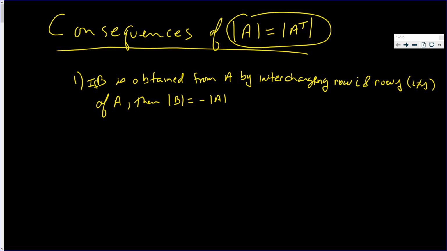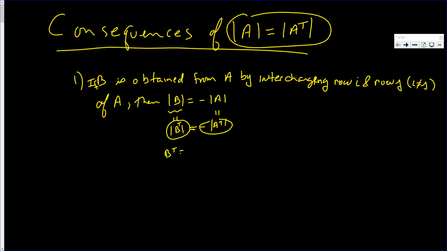But now we need to look at this a little bit more clearly. The determinant of B is the determinant of B transpose, equal to negative the determinant of A, which is the determinant of A transpose. So these two are equal. That is, this equal sign is valid.